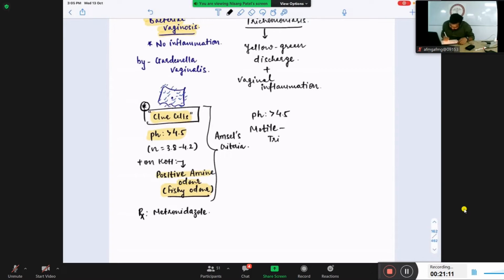And what you will notice is motile trichomonas present. What is the drug of choice for trichomoniasis? Metronidazole. But what is the peculiarity of this disease? That male and female both should get treated.